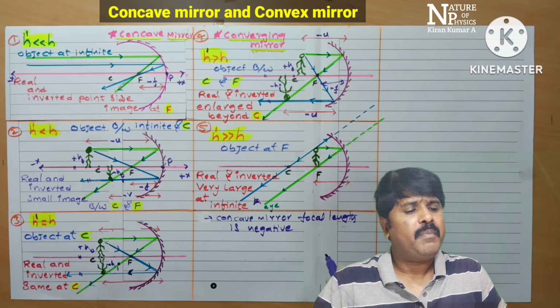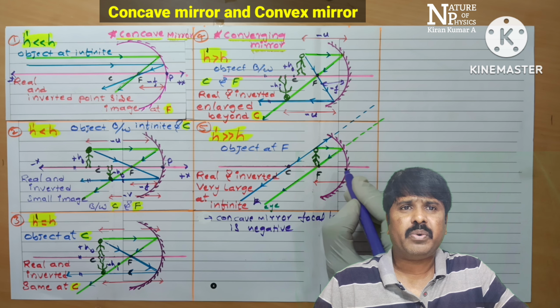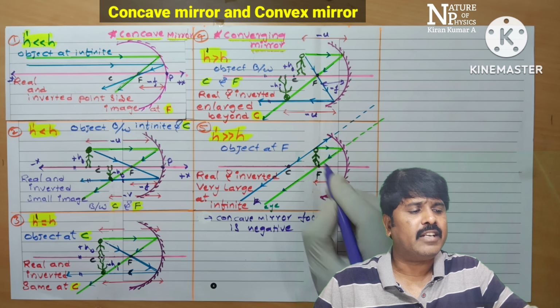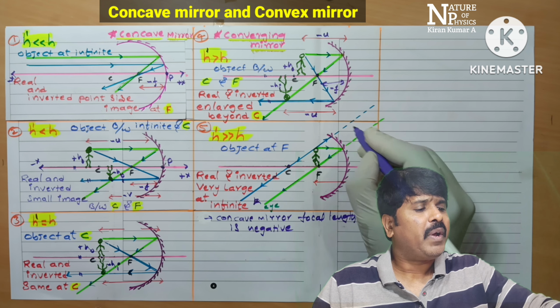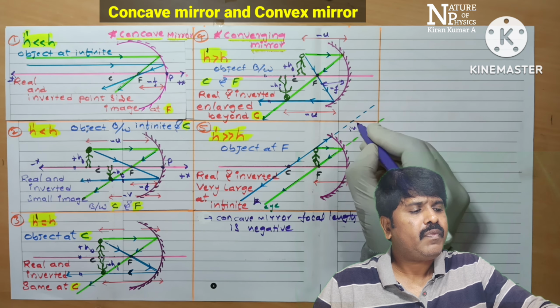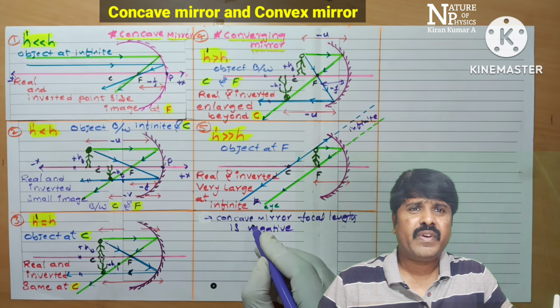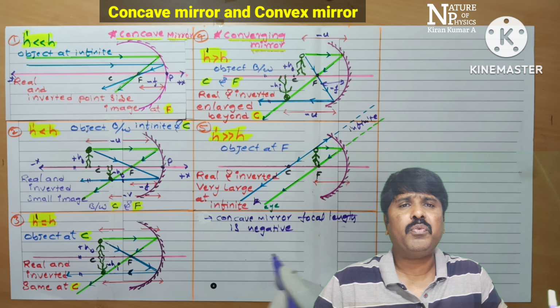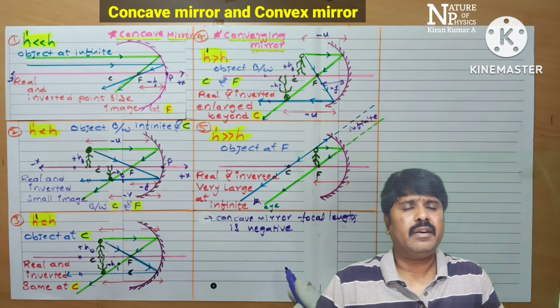For the fifth diagram, see there, the object is exactly at the principal focus, student. The image forms at infinite distance. What type of image are we going to get? Real and inverted, very enlarged, at infinite distance.